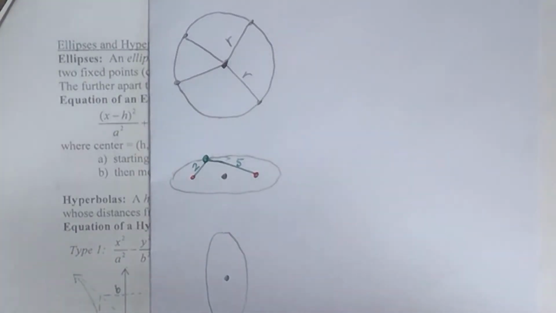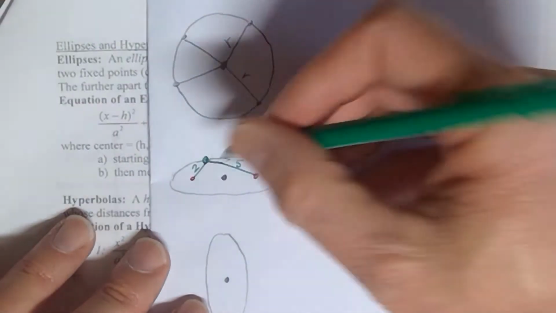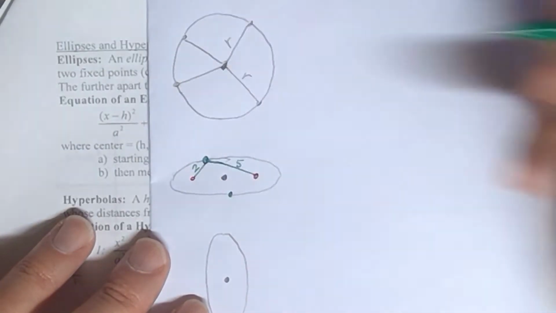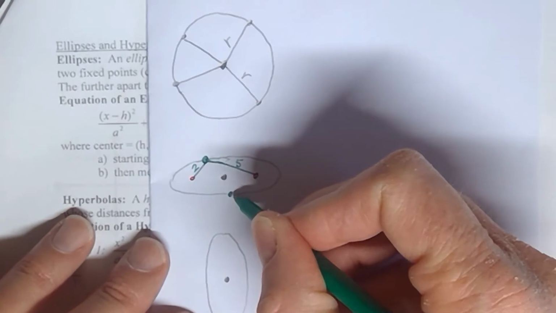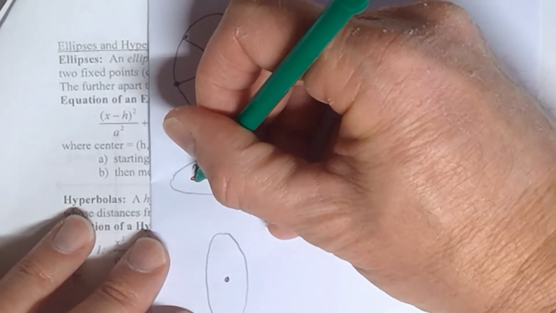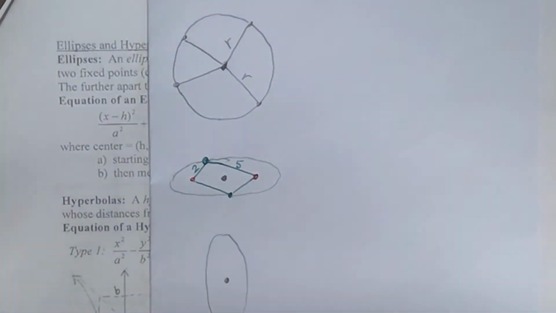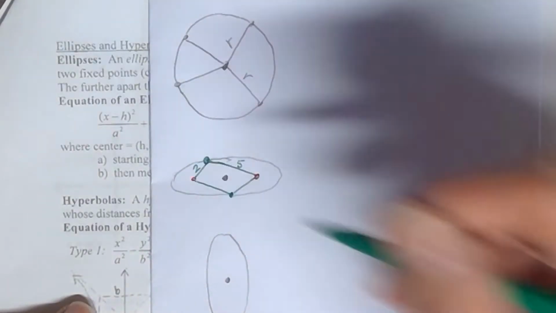If you take any other point on the ellipse, let's say this one just as an example, then if you take the two distances from that point back to the two red focus points, they also will add up to 7. And that will happen on every single point on the ellipse.